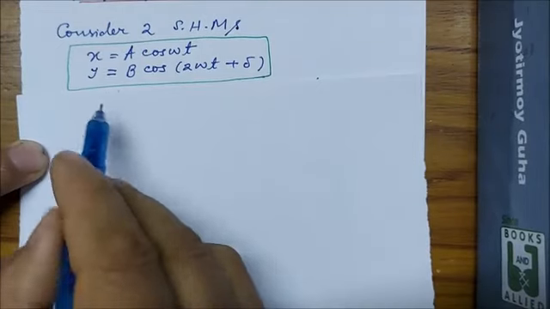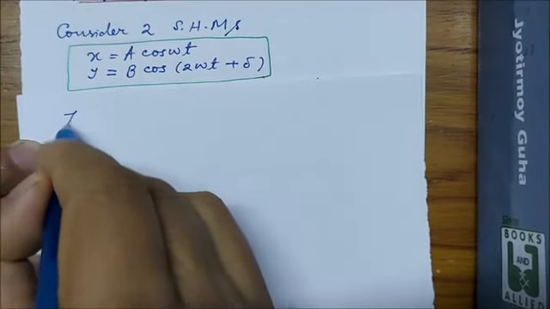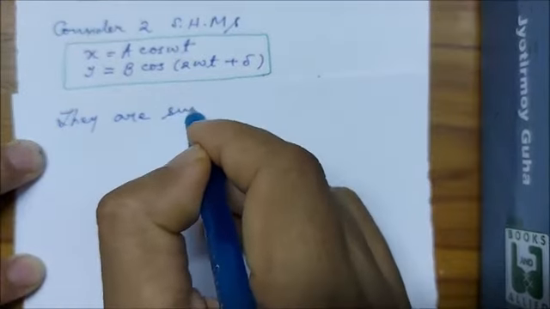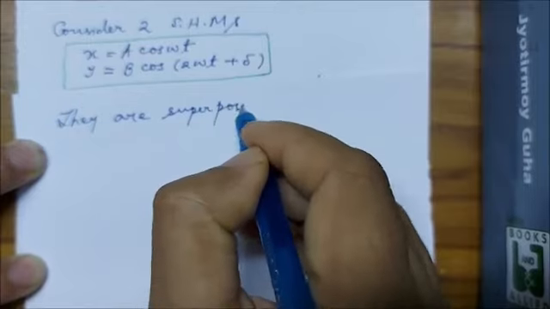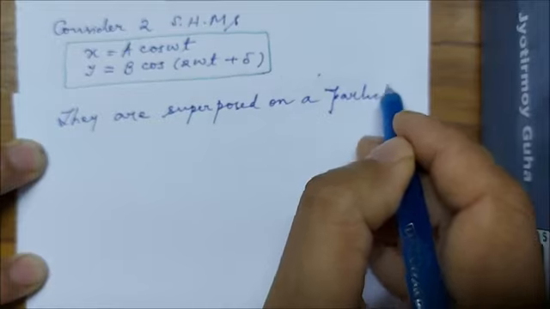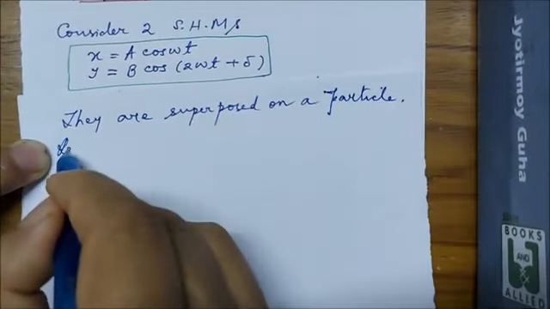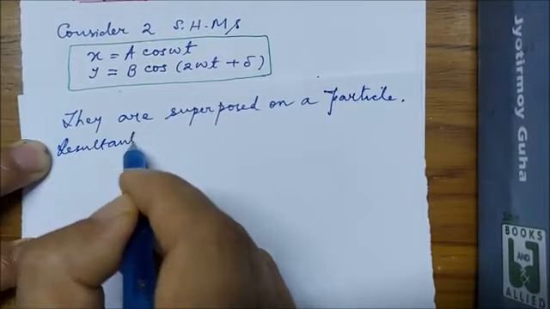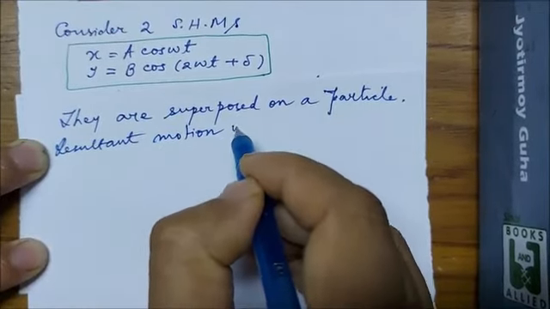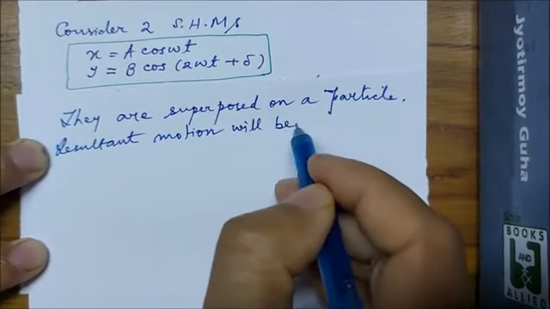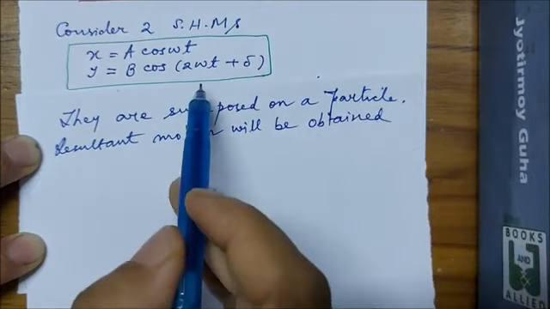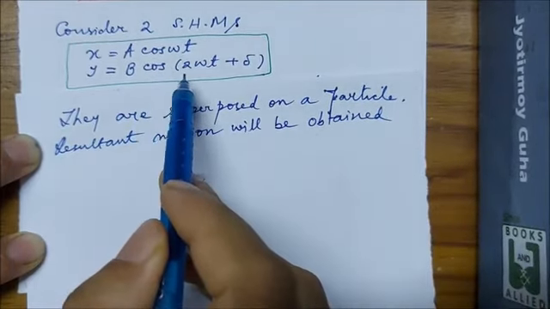They are superposed simultaneously on a particle, and the resultant motion will be obtained by eliminating t from the equations, t for time.